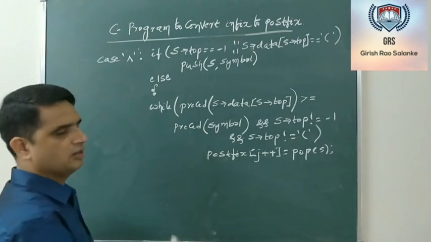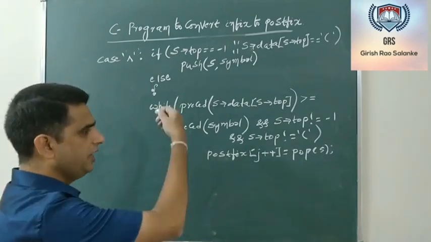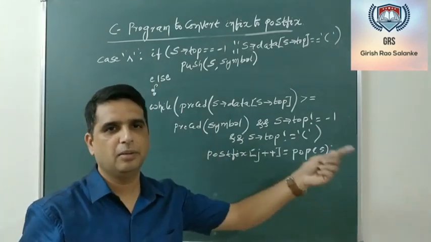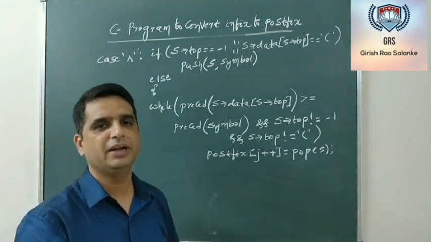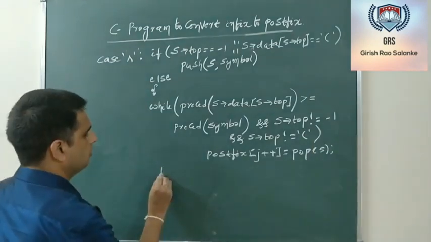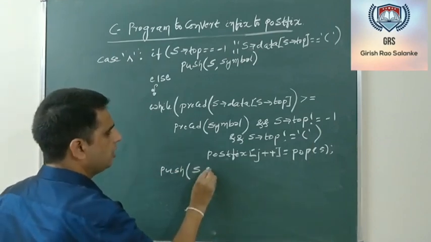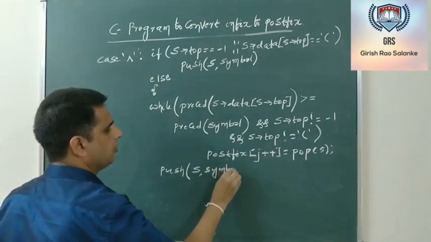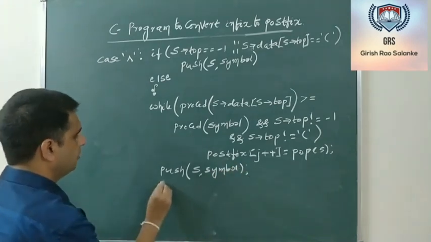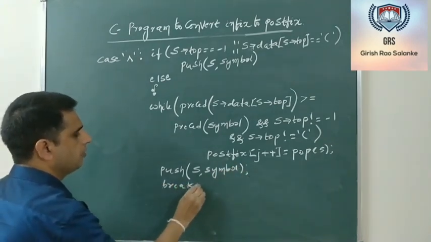Now after this, what we are supposed to do? We need to pop the content of stack and place them on postfix, and finally the operator needs to be pushed onto stack. So call push, S comma symbol. So this is about the operators. Break.